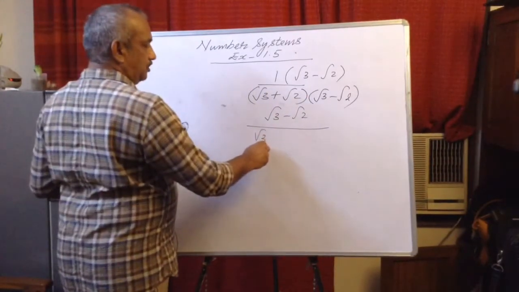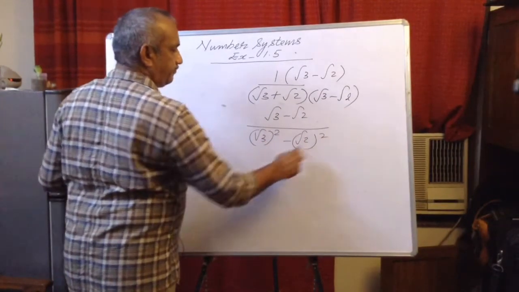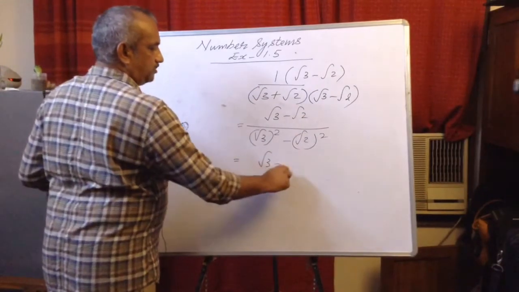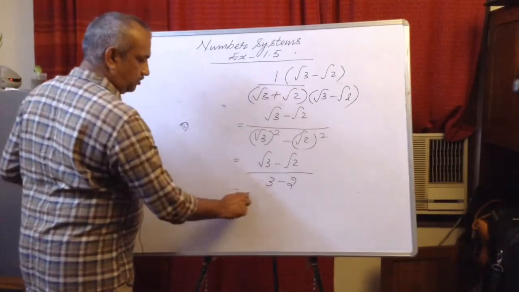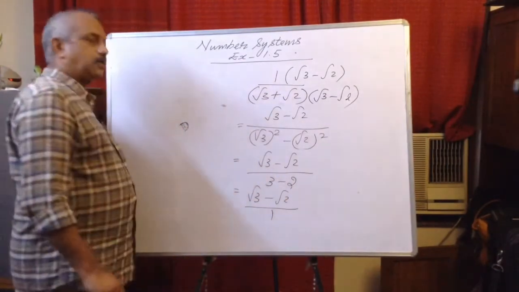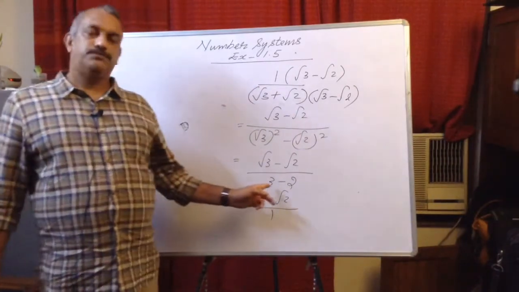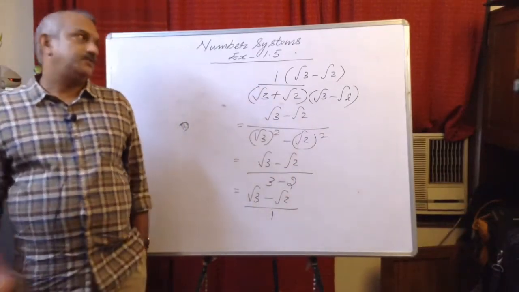So root 3 the whole square minus root 2 the whole square. Again this is equal to root 3 minus root 2 upon 3 minus 2, which is root 3 minus root 2 upon 1. Now it is easy to substitute the value. You just put the value of root 3 and root 2 and subtract, you will get the value of this expression.